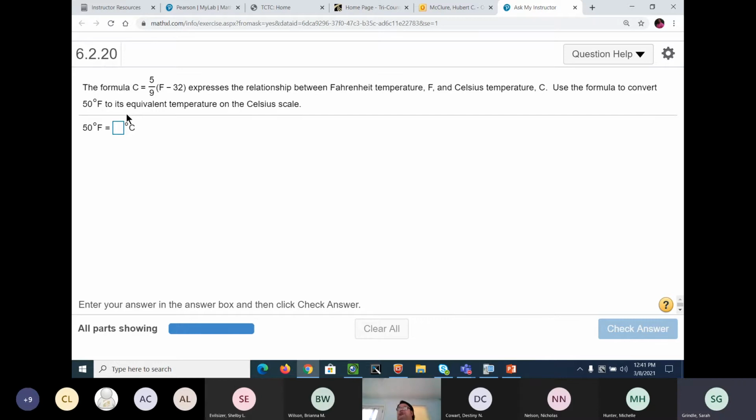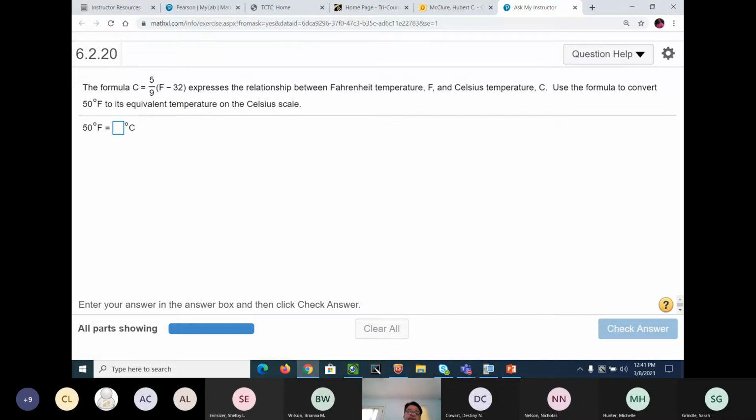Somebody tell me which one is this one. Is this a solve or is this a plug and chug? I think plug and chug. It's plug and chug. Good job. So this is the first type of problem that we talked about. Plug and chug. You don't have to solve for a variable. You just have to plug 50 in there.